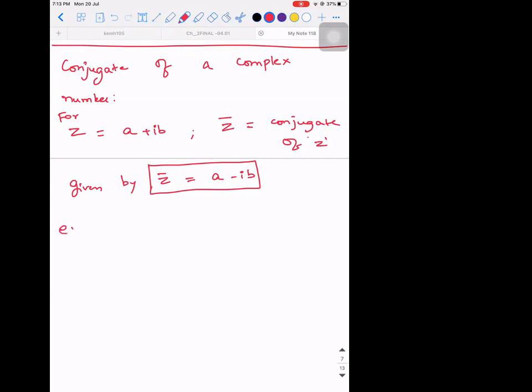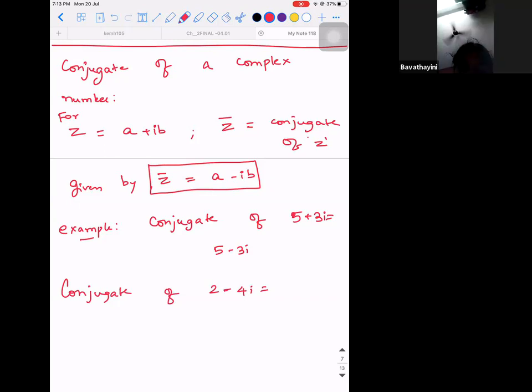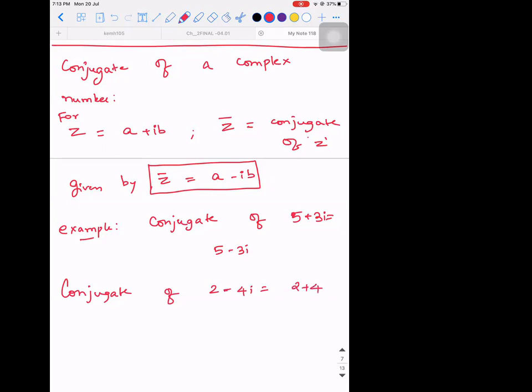Example, conjugate of 5 plus 3i will be 5 minus 3i. Similarly, conjugate of 2 minus 4i will be equal to 2 plus 4i. As simple as that.